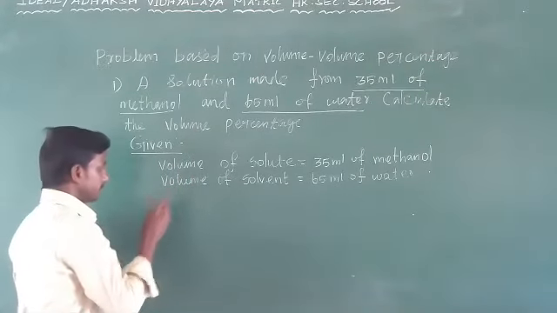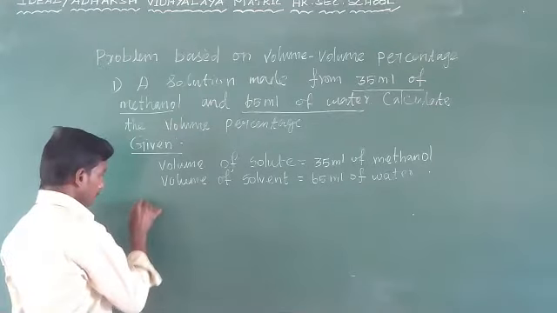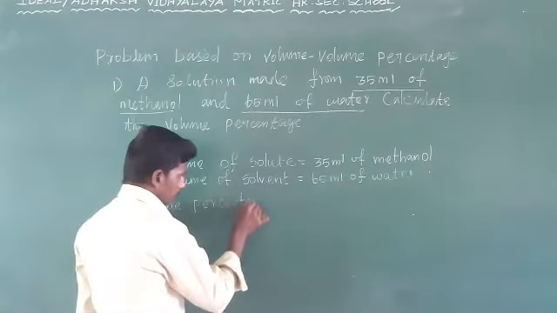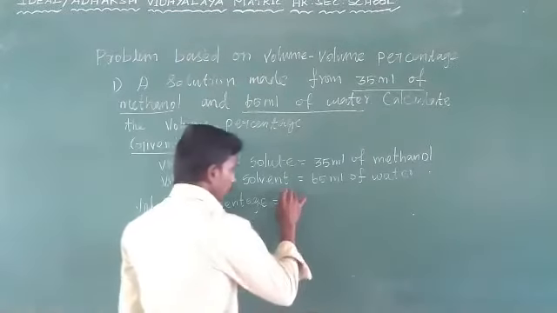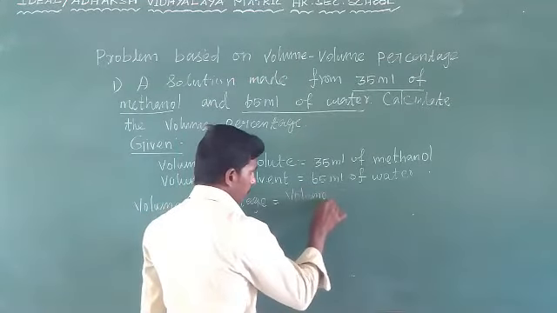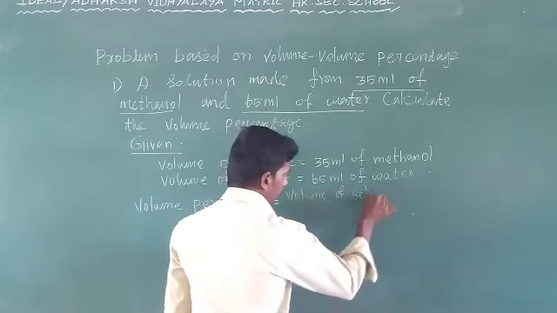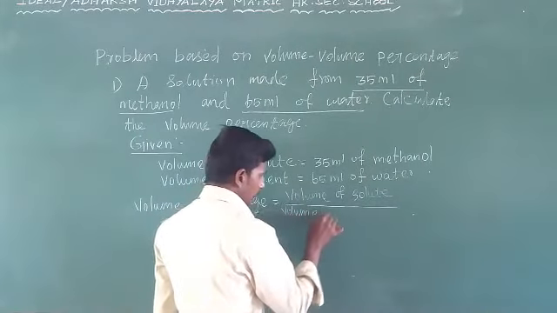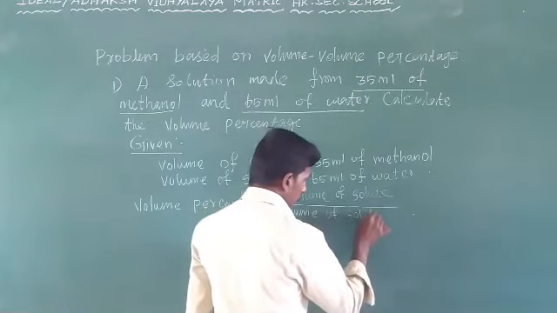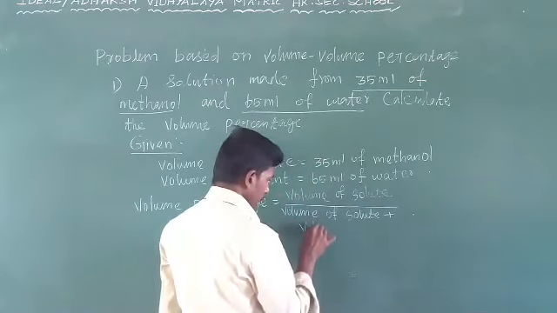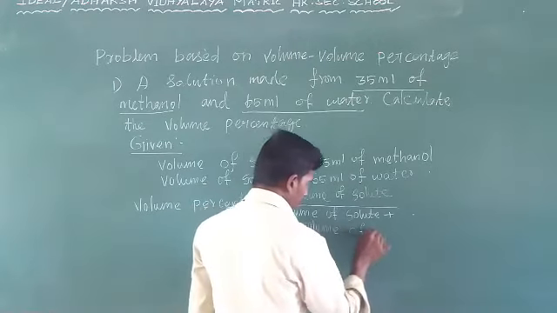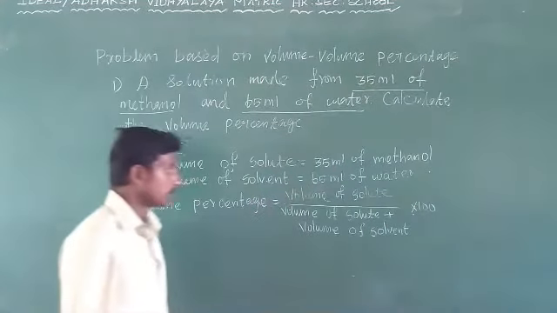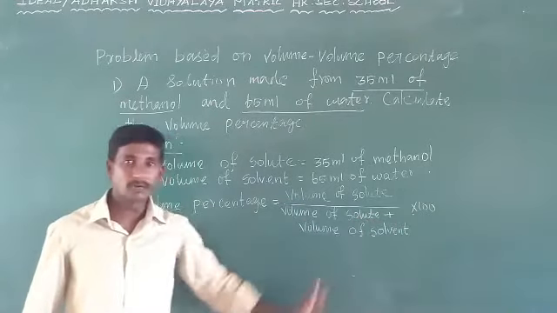So to calculate the volume percentage, it equals volume of solute divided by volume of solute plus volume of solvent, into 100.